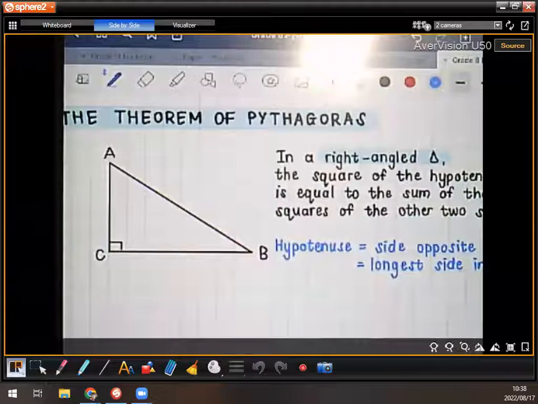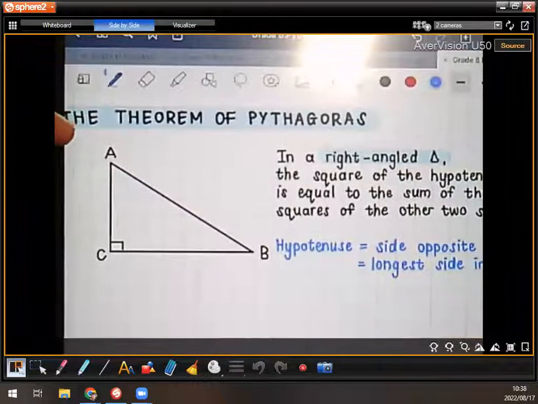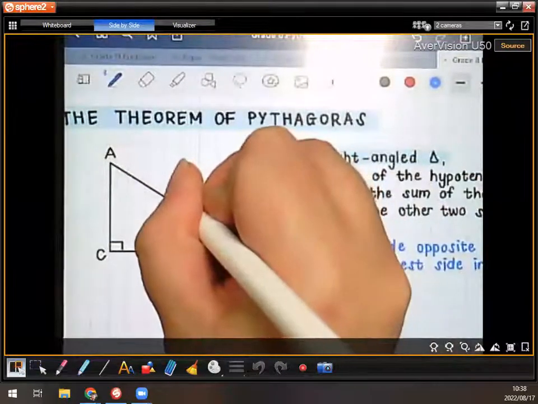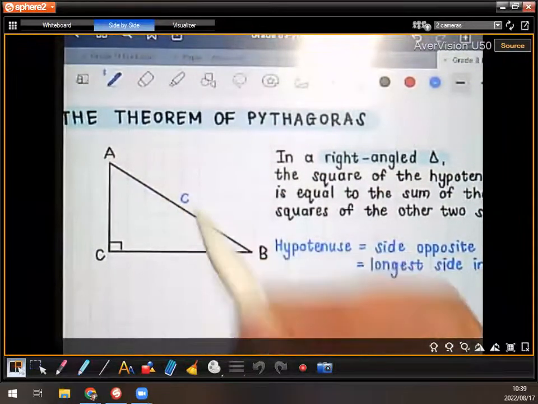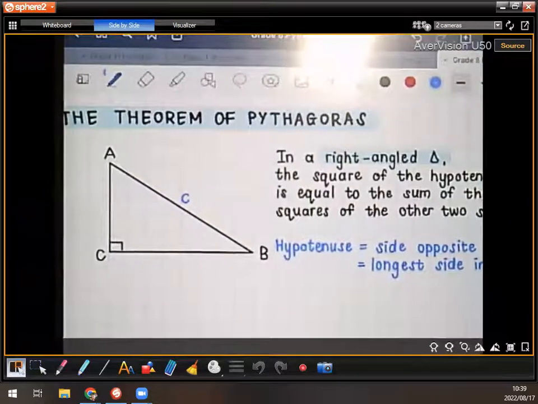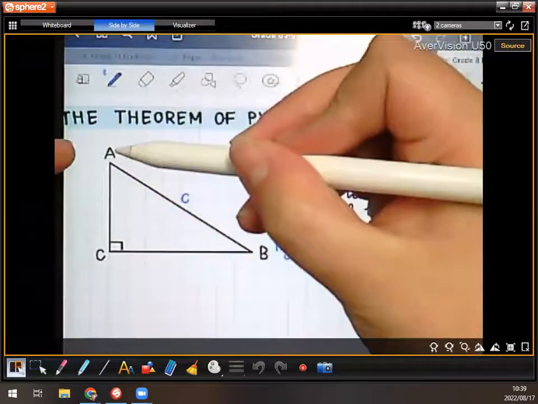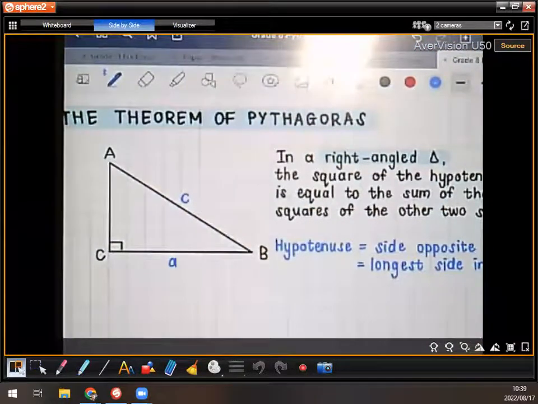Now guys, we're going to use a different way of labeling our sides, just in case it comes up in a text, exam or even a textbook. Instead of calling this side AB, you can also call it lowercase c. Make it a bit smaller than the C we used there, so you can see that it's lowercase. The side opposite angle C is side small c. The side opposite angle A, this one here, we can call small a.